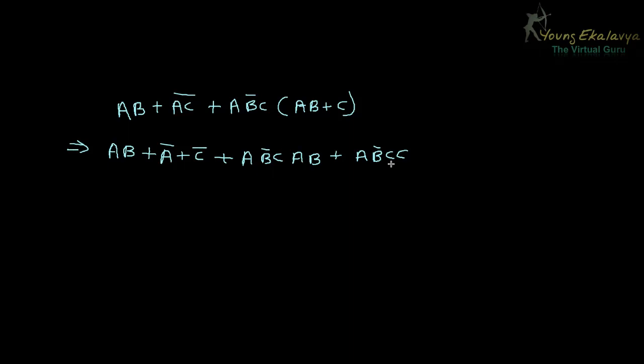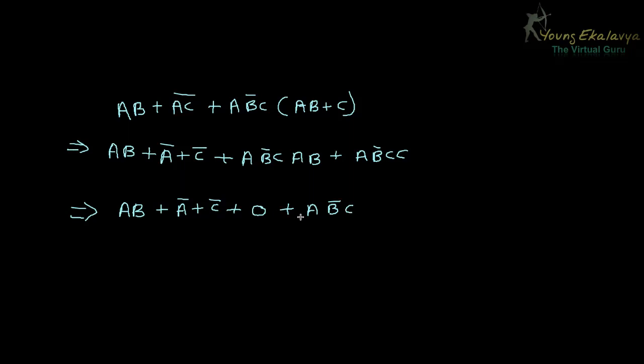And here we have two C's, C dot C, that is equal to C. So it almost got reduced by half. Now let's not touch this one. And here it becomes AB bar C.